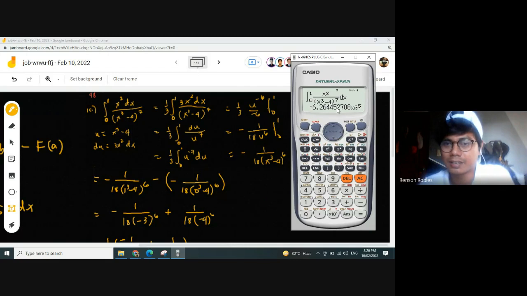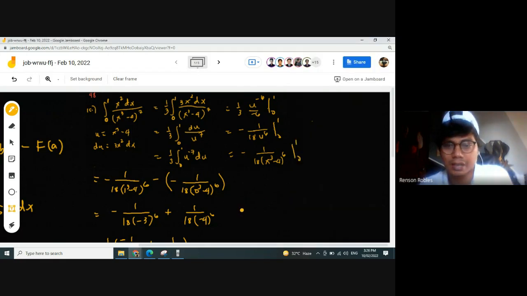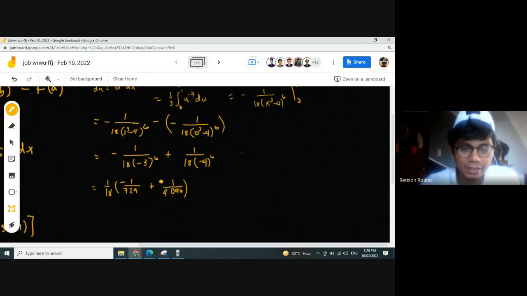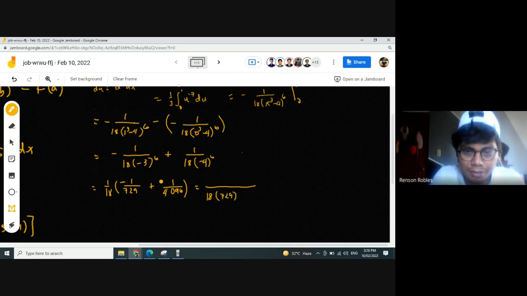I just cannot express it as fraction. Okay, let's do it with the aid of a calculator. So this is 18 times 729 times 4096. So this is 4096 times negative 1. That's negative 4096 plus 729.